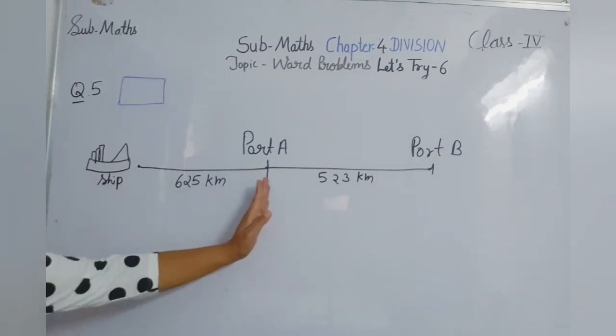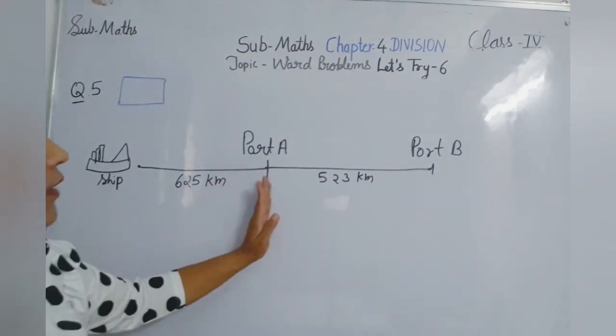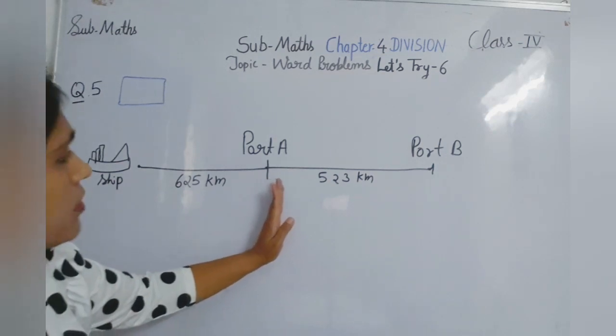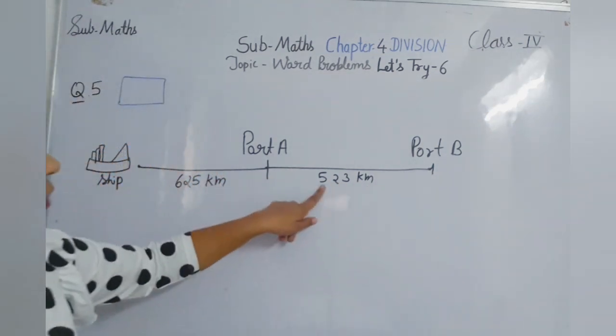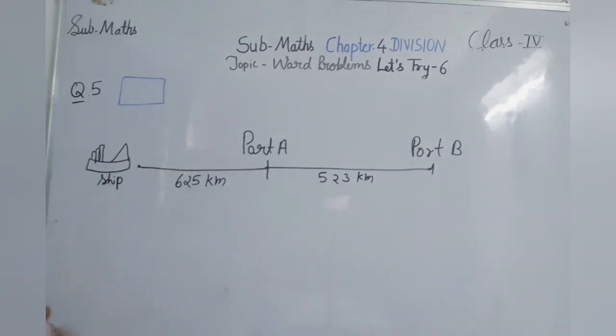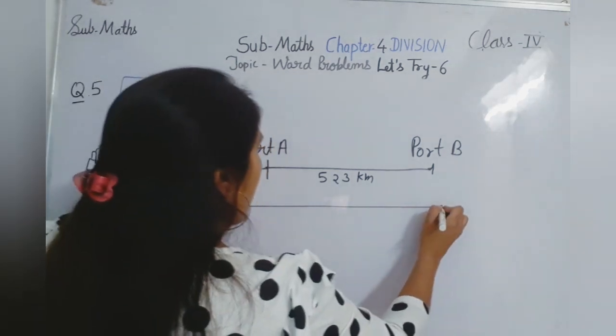He sailed till port A 625 km. After A, he again sailed the ship, and how many kilometers did he cover till port B? 523 km. Now they are asking the total distance sailed by the ship.